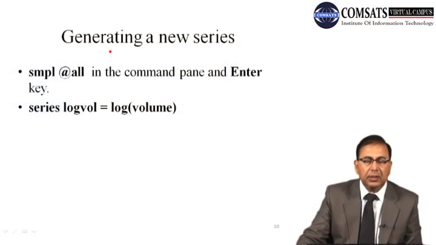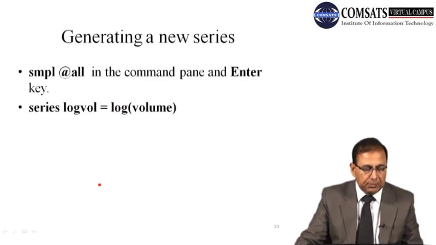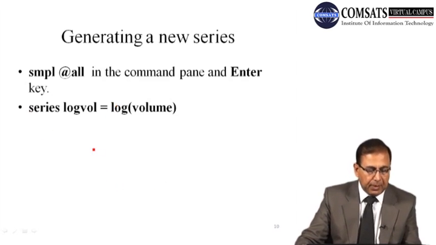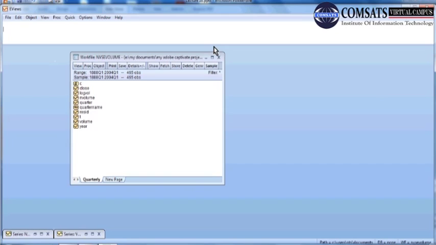The other method of generating a new variable from an already existing variable is simply in eViews. We are now moving to eViews. I will have to change the name because nvolume already exists. So this time I say series.